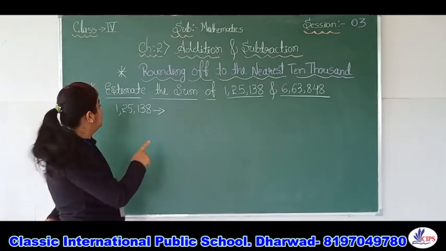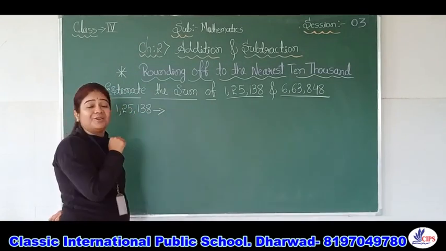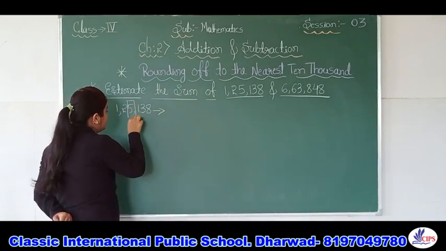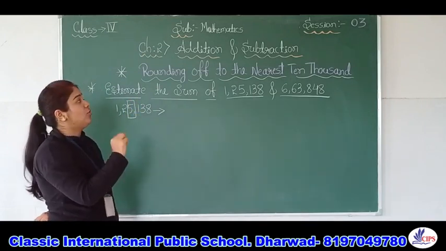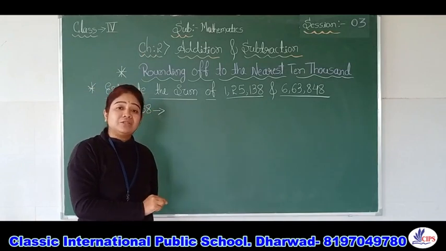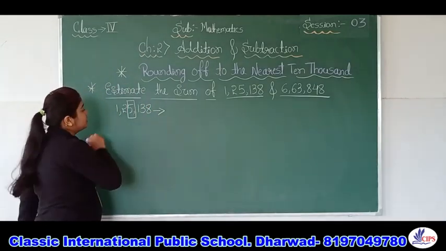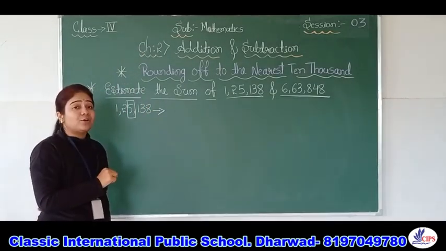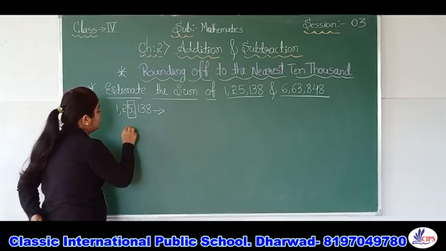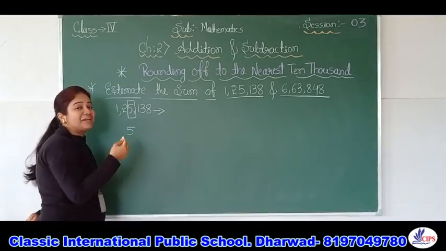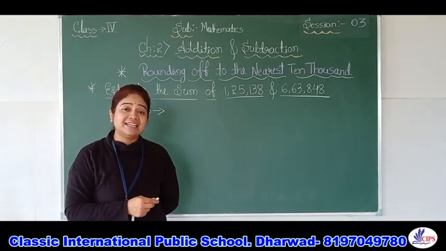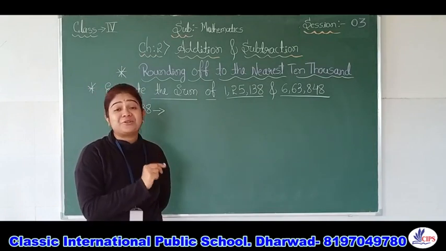It is the 1000 place. So, you should look at the 1000 place value. Let us see what is there in this 1000 place value. It is 5. Is 5 equal to 5, less than 5 or more than 5? Yes, it is equal to 5.